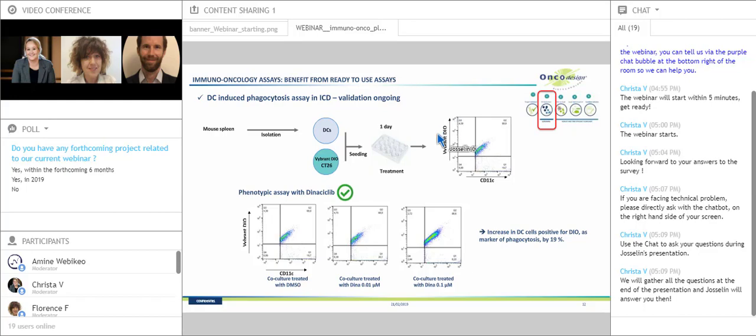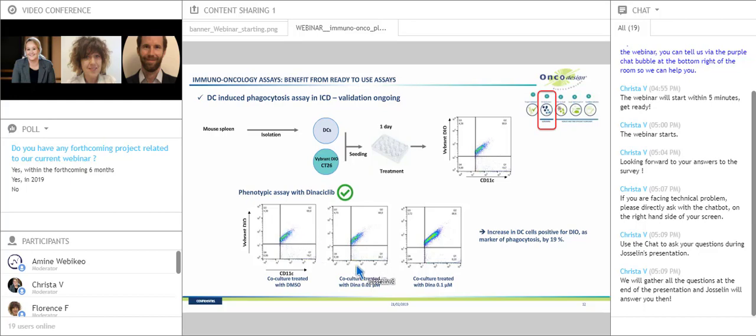As a proof of principle, we used the chemotherapeutic dinaciclib in this assay. So you have here the results of one experiment. Here in the co-culture treated with the vehicle, you still have a small amount of double positive cells.